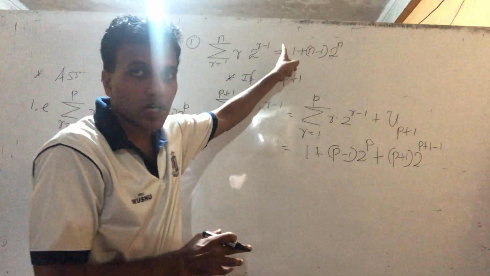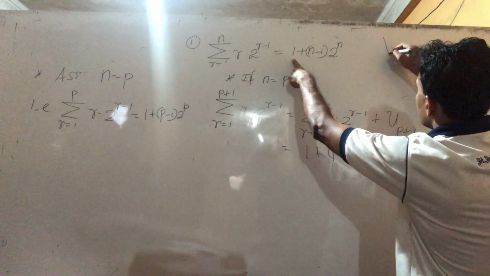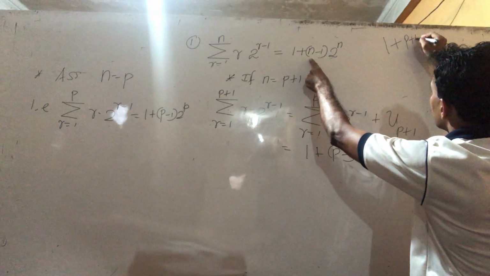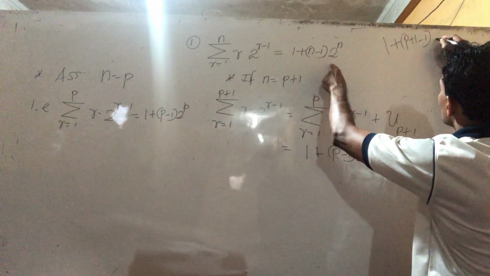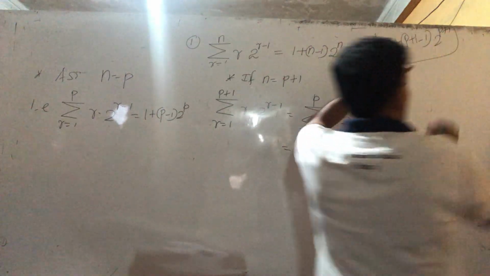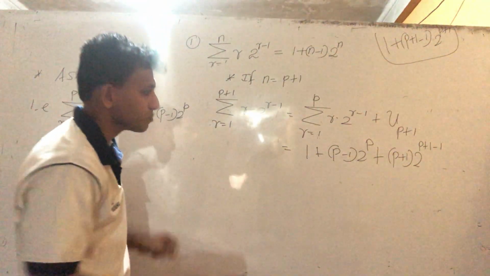In this expression, put n for p plus 1: what happens? 1 plus (n minus 1) into 2 to the power n, with n as p plus 1, that is 1 plus p into 2 to the power p plus 1. This you have to show, simplifying to reach that answer. That's the idea.